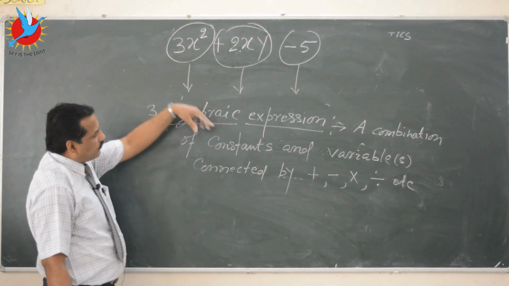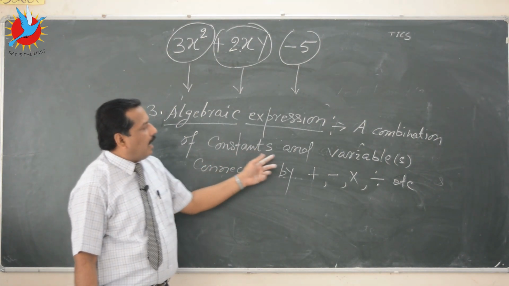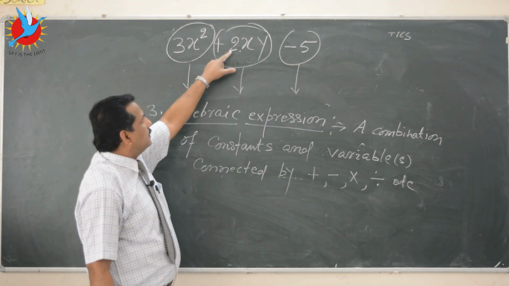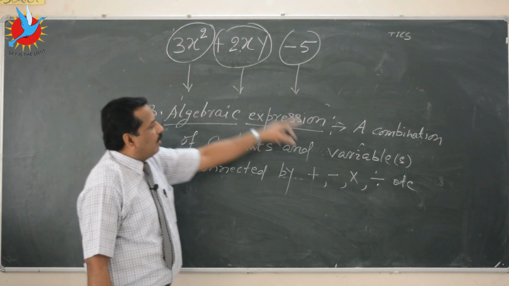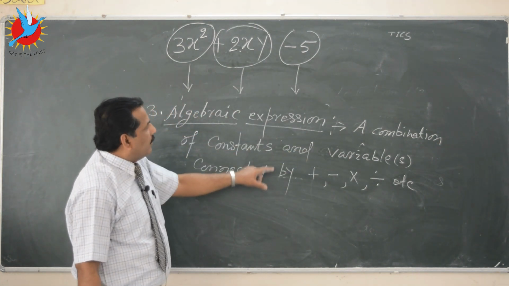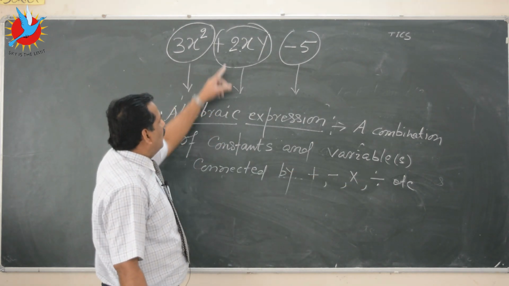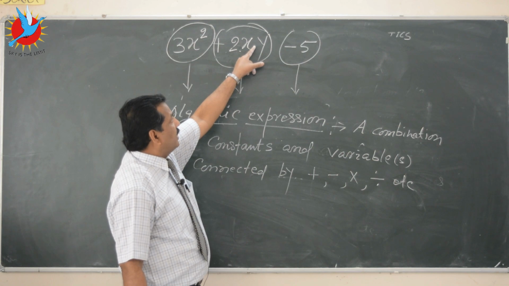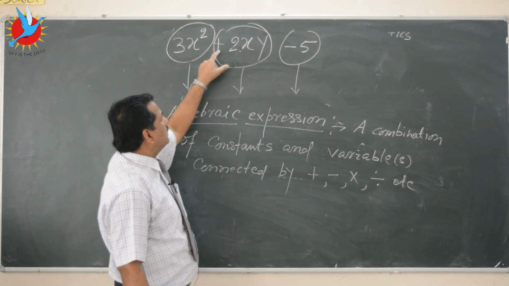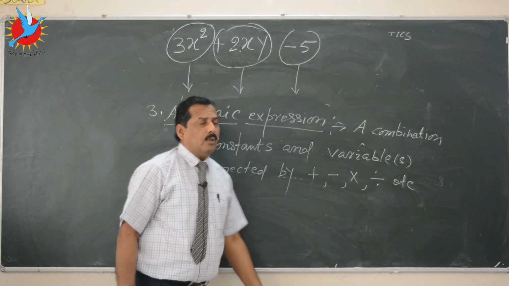So see, a combination of constants and variables. See, this is a constant, variables, and connected by plus, minus, multiplication, division. So here it is product, that is multiplication. Here it is plus, here it is minus. There may be division also.